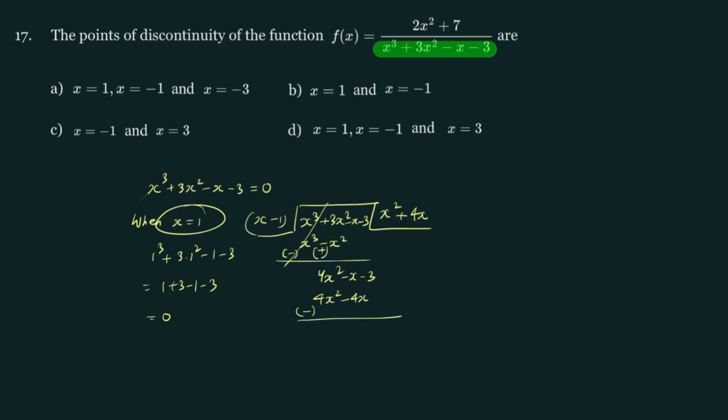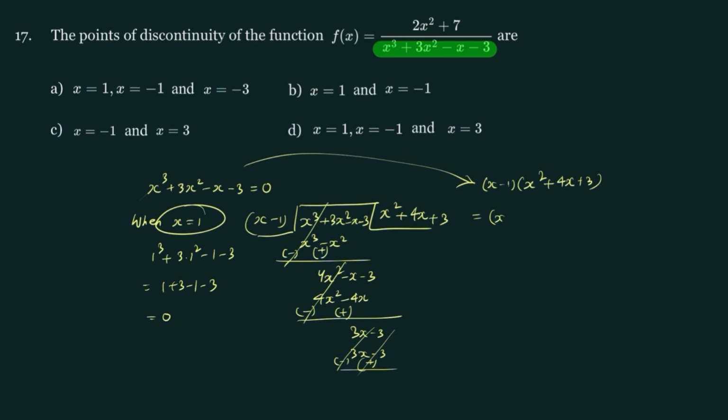Change the sign, then it will be 3x minus 3, and let us multiply with 3, so it will be 3x minus 3. So changing the sign, the remainder will be 0. Okay, that means this cubic equation can be written as x minus 1 times x square plus 4x plus 3.